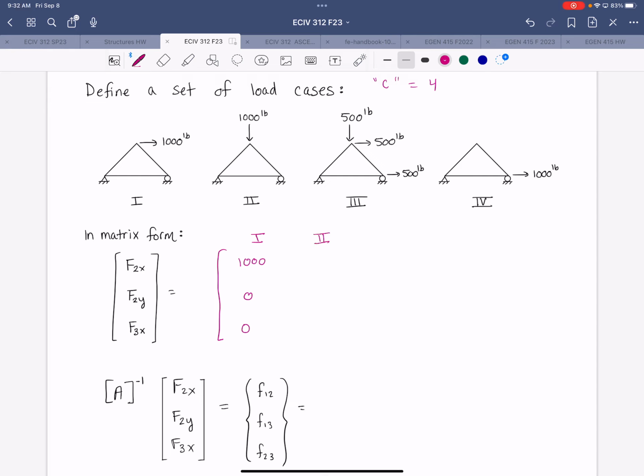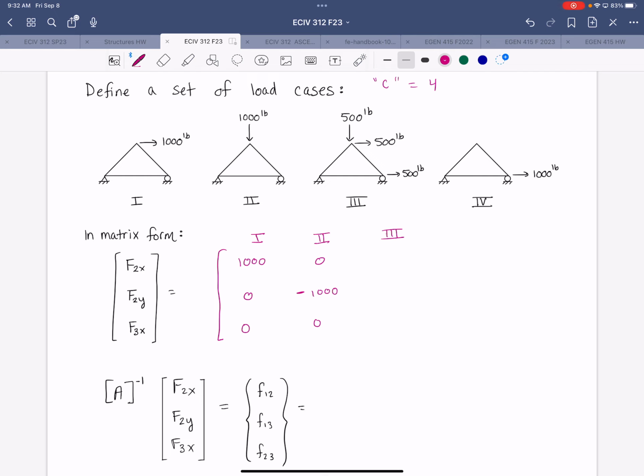For load case 2, we just have F2y, so F2x will be 0, F2y is negative 1,000, and then F3x is 0. For load case 3, all 3 possible applied loads have a value.